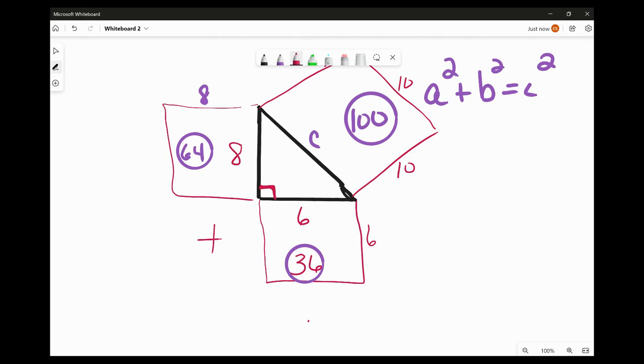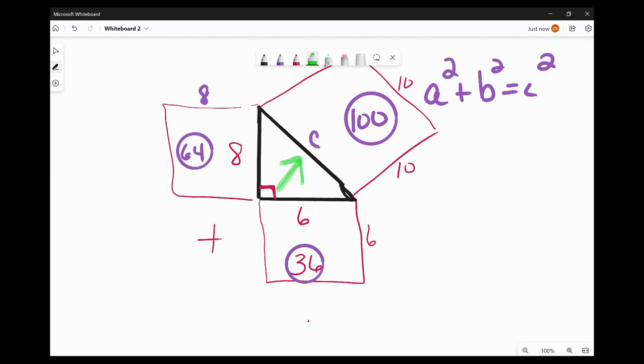So let me show you how to apply it. In this case, A and B, those side lengths, are interchangeable. It does not matter which of the two shorter sides is A or B. C is very specific. C is always the side that's directly across from the right angle.